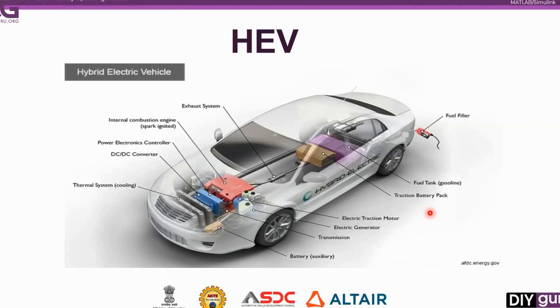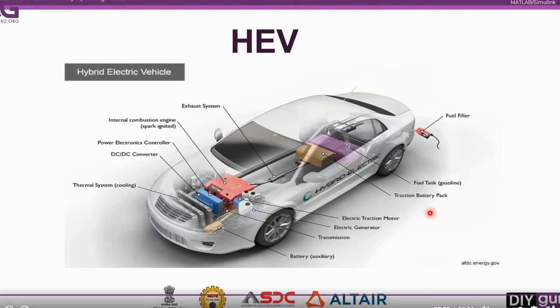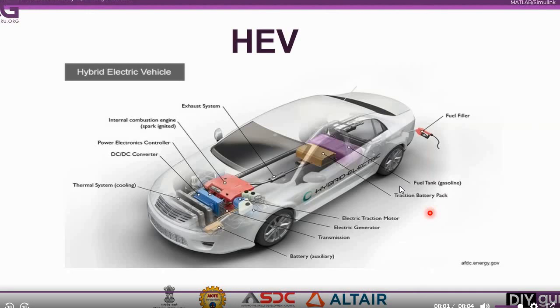But in hybrid electric vehicles, we have a power split device, which will take power from the combustion engine as well as from the electric traction motor and use either one or both combined. So it will use petrol or the electric motor, or both, to power the driving wheels. How this is done we will see in the next videos. Thank you.